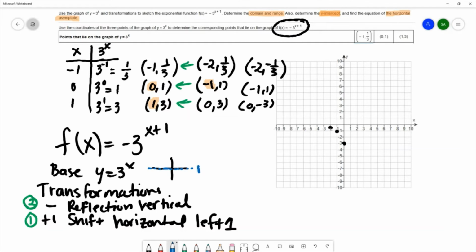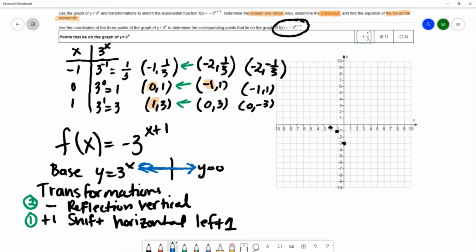It's the line y equals 0. So I want us to imagine doing these transformations of shifting left 1 and reflecting on this horizontal asymptote. If you take a horizontal line and you try to move that horizontal line to the left, it will still be the same horizontal line because that line goes on forever in both directions.